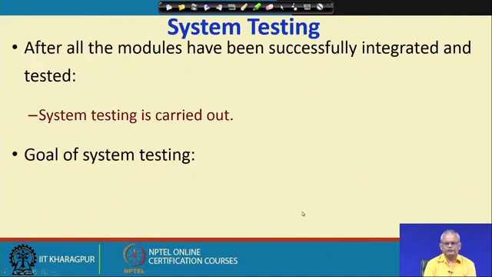Once all the modules have been integrated, then the system testing is carried out. In system testing, the fully integrated system is checked to see if it meets the requirements that were expressed by the customer.